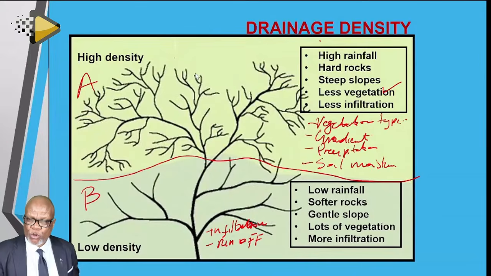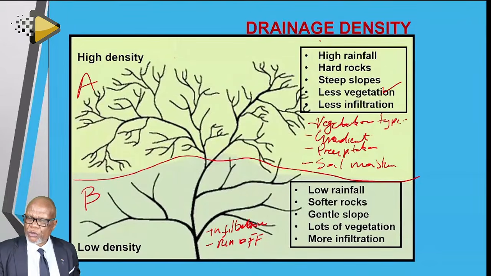That's why we have more water flowing, causing high density. And at B, what is happening there? There is soft rock. The rocks here are softer, and therefore there is more infiltration and less runoff. That is why the density is low.